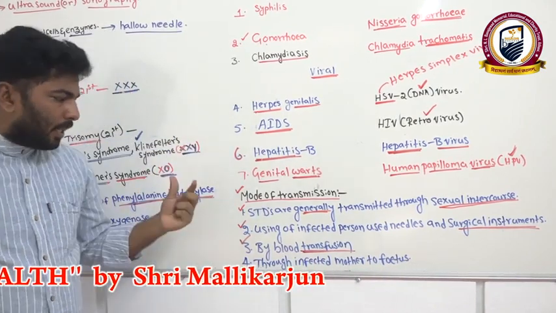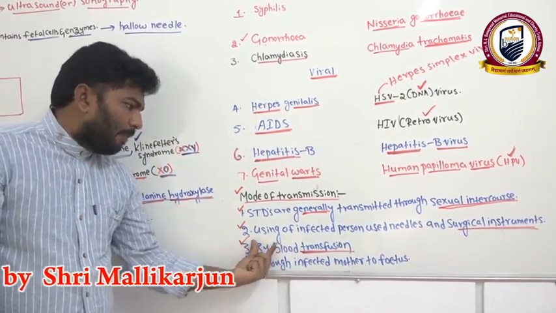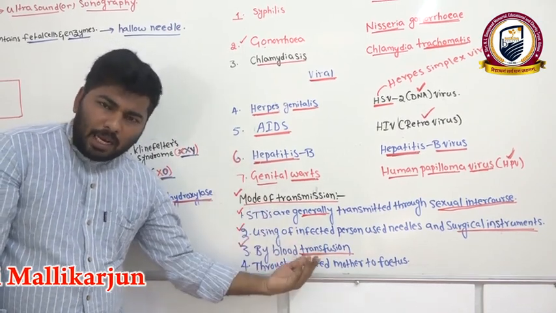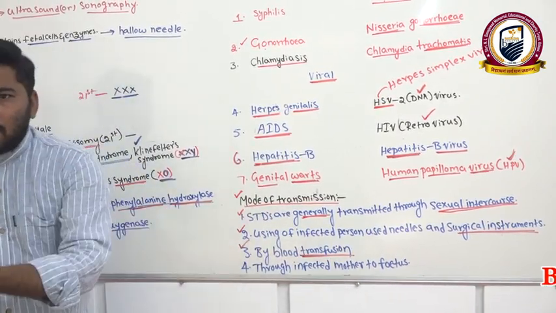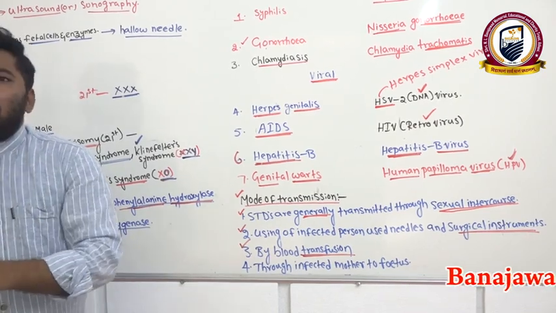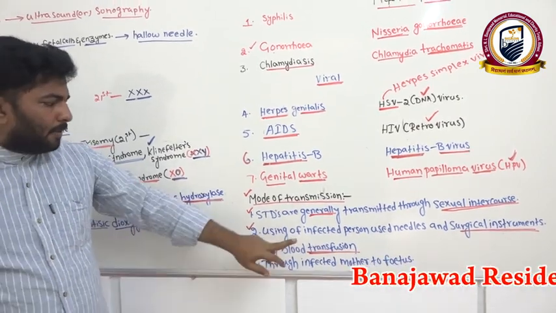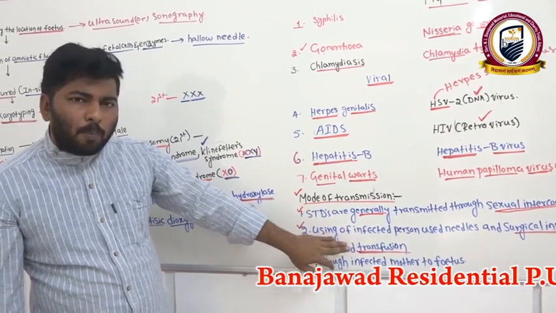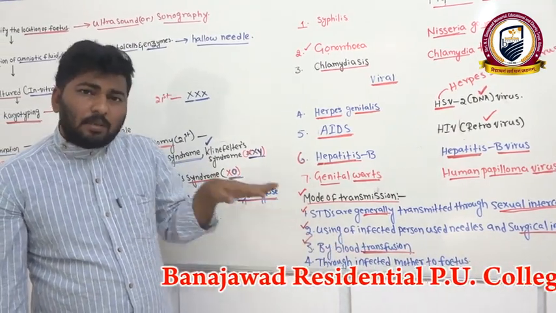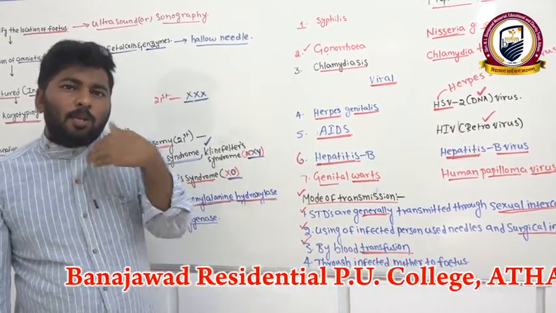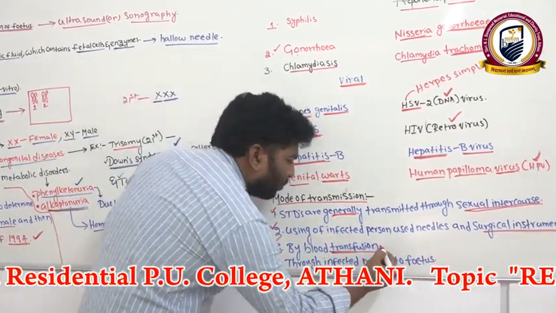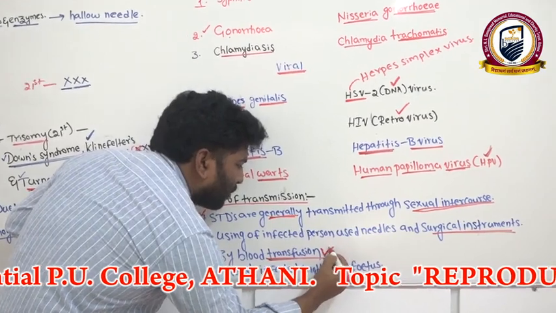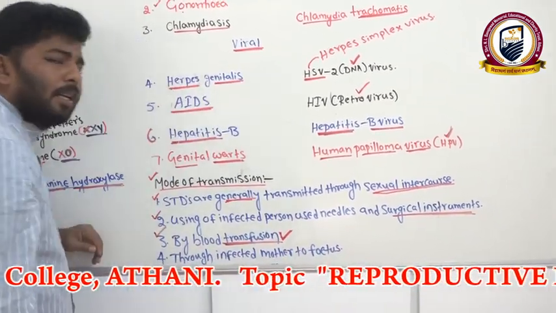The reason is, if the person has AIDS, and that blood is given to another person, they also get AIDS. That is the reason we need to check this blood properly before giving it to another person. That we will discuss in the preventive measures.